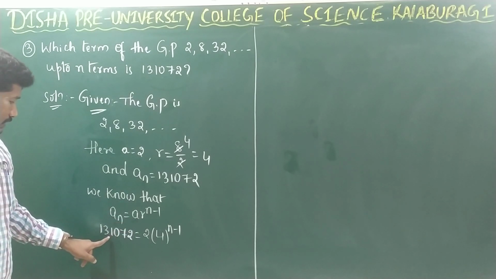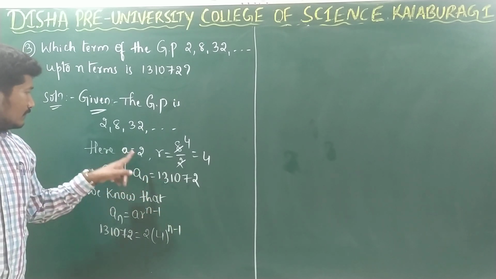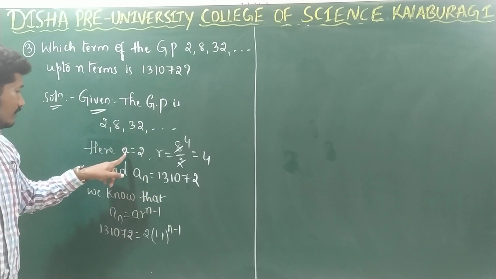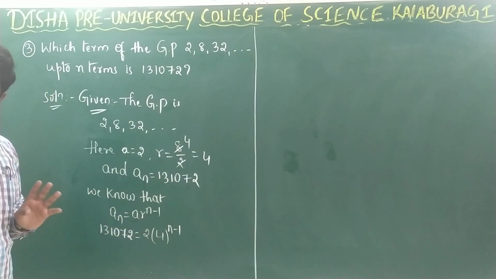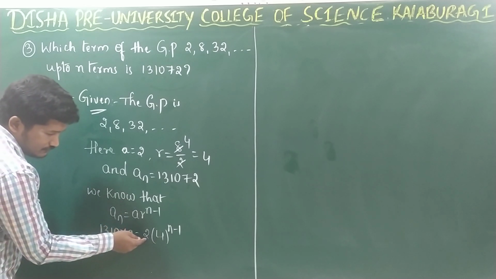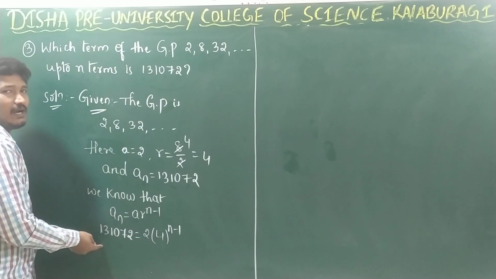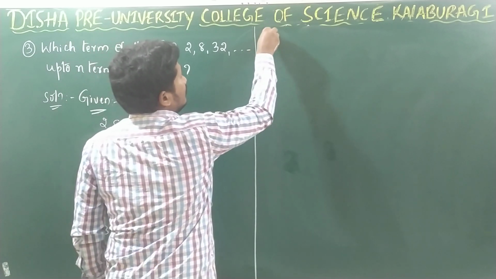Right? See here, the value of an is 131072. It is given. From the geometric progression, we have the first term as well as the common ratio. Understood? Right. Now what I will do, I will transfer this 2 to the left hand side. So it will come to the denominator. So see what will happen.